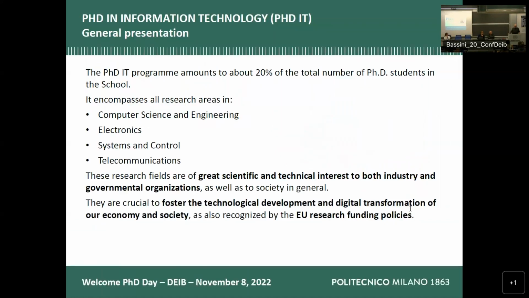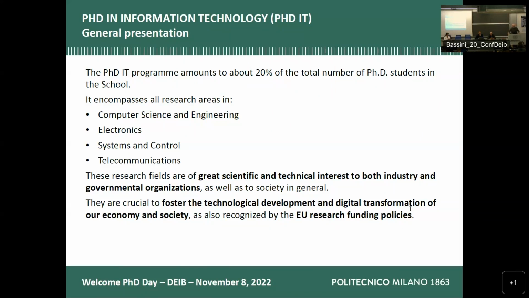PhD in information technology is probably the more complex PhD program that we have here because it is structured in four research areas: computer science and engineering, electronics, system and control, and telecommunications. Typically, you belong to one of these areas and you don't have many interactions with the other areas.